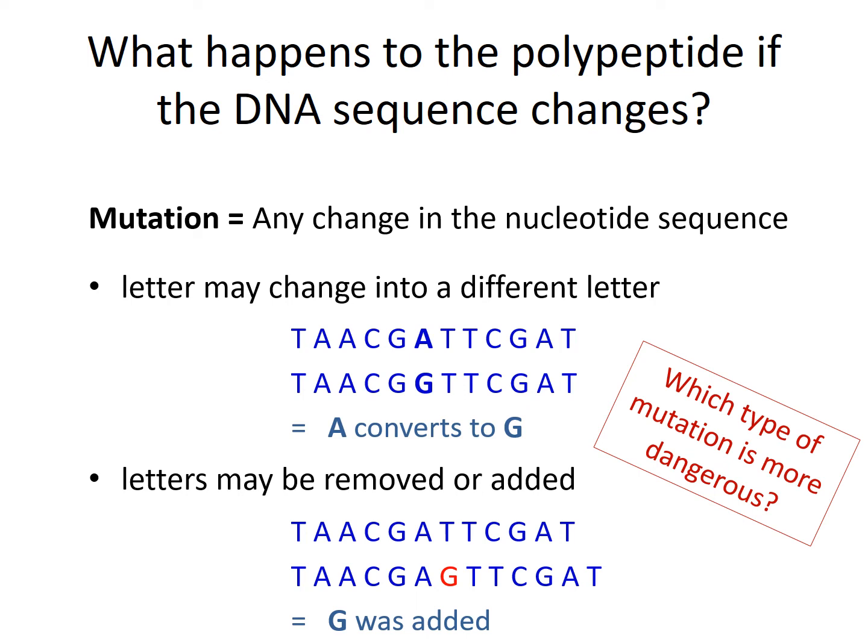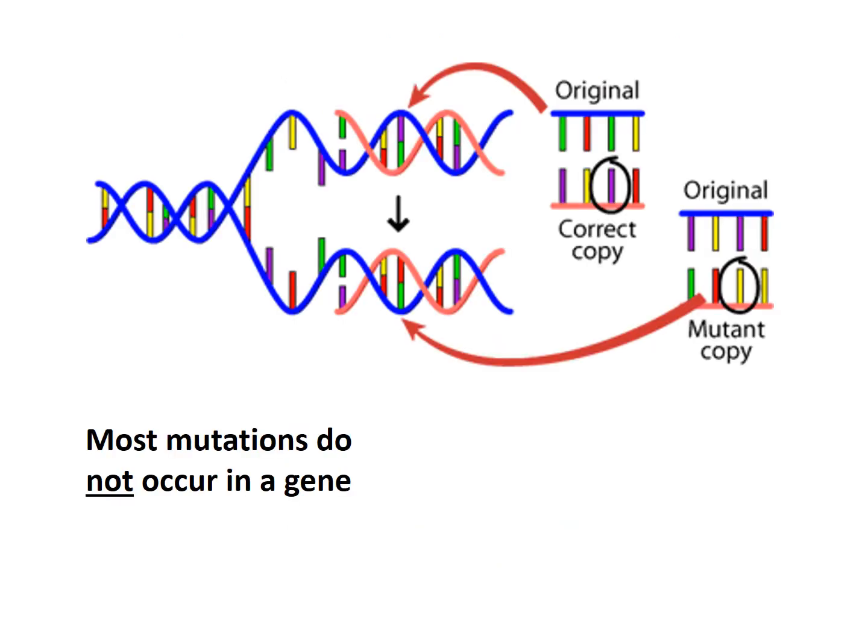So when you add or remove a letter, it shifts the reading frame, and that's a much more dangerous type of mutation that could cause the cell to die if that polypeptide was essential for the healthy functioning of the cell.